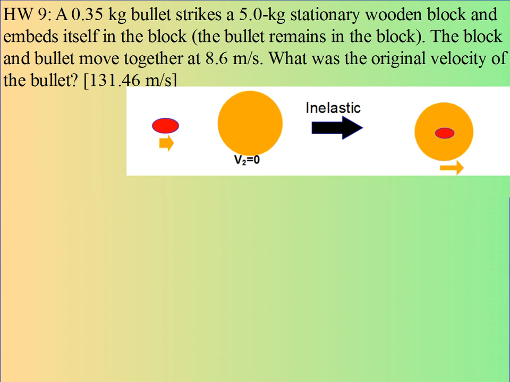Now, in this problem, I have a 35 kilogram bullet hitting a 5 kilogram stationary object. So I have M1 and M2. The bullet embeds itself. All embeds means is it gets stuck inside, just like this here.